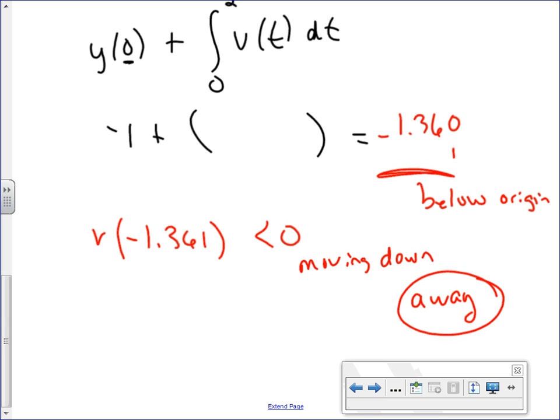Not because this is negative, but because of the combination of the two things. Okay? If this number had been a positive number right here, and this number was negative, then the answer would have been moving towards the origin. All right, so that reminded us of a lot of things that we did with velocity and acceleration before, plus this new thing that we did at the beginning of class.